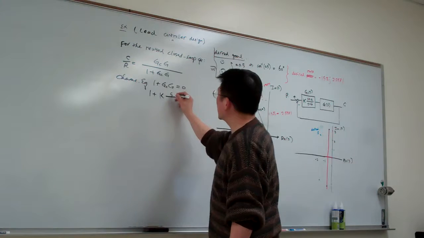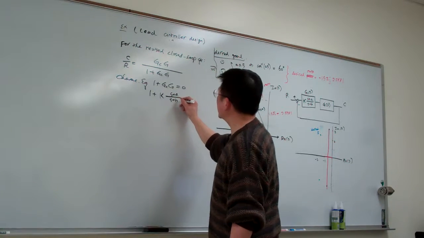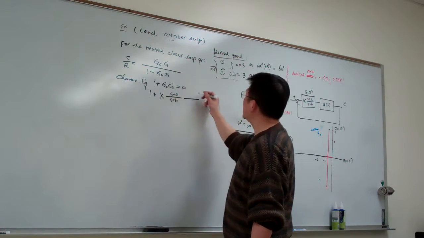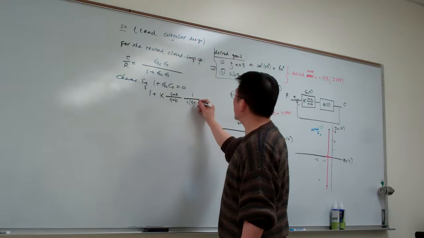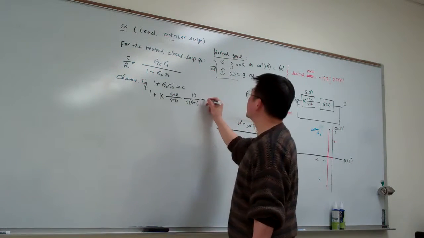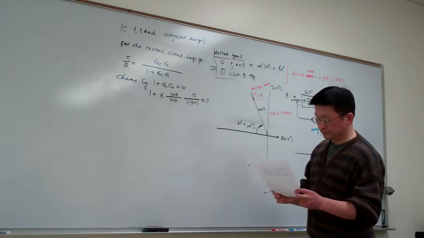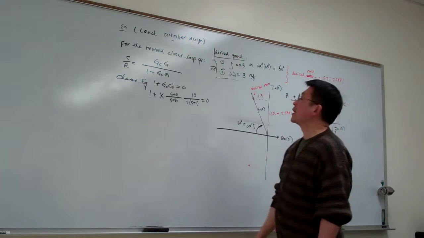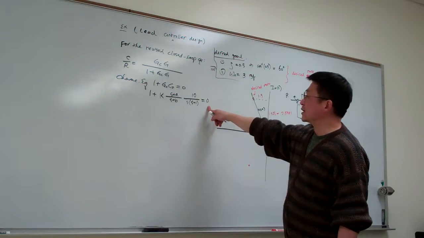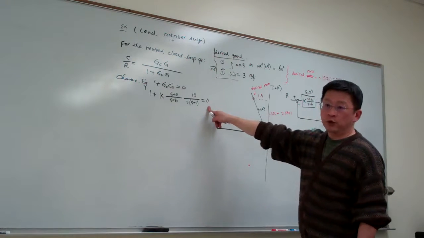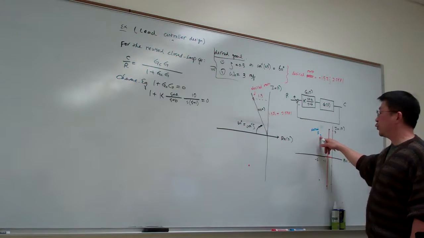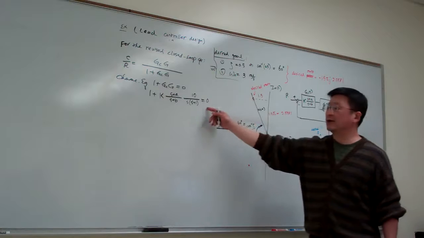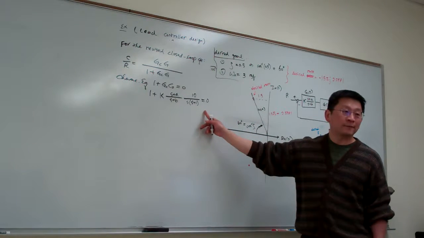So K, S plus A over S plus B, and G equal to 1 over S plus 10, sorry, equal to 0. This is the characteristic equation. We wish this desired point is the root here, right?